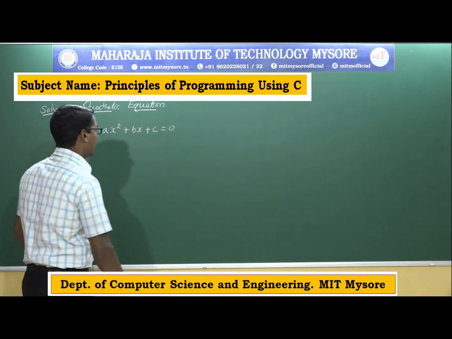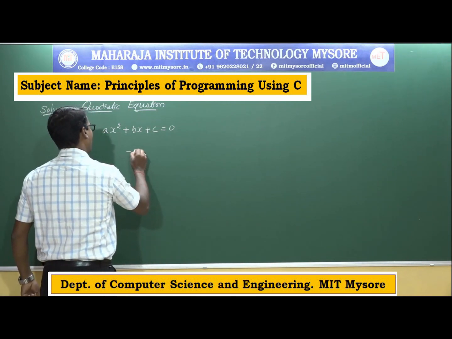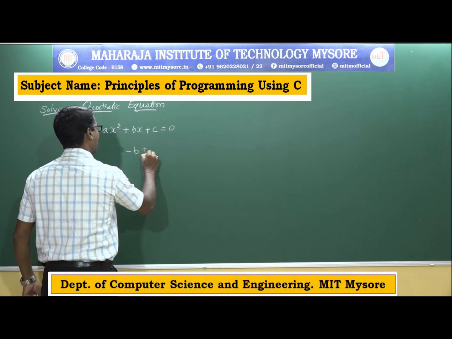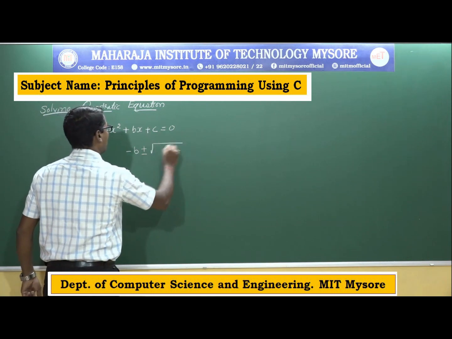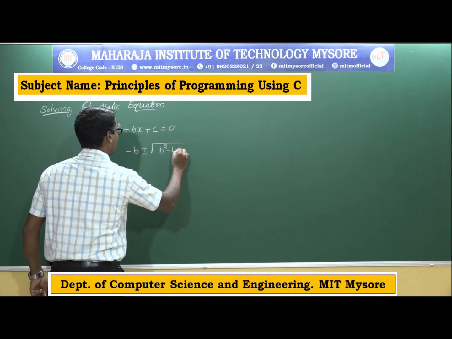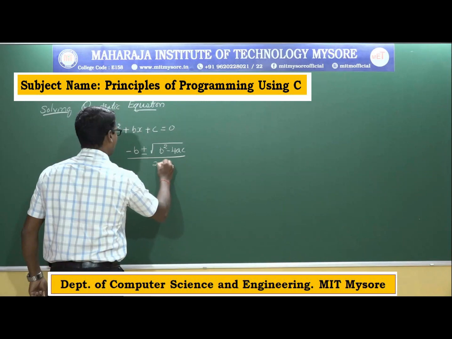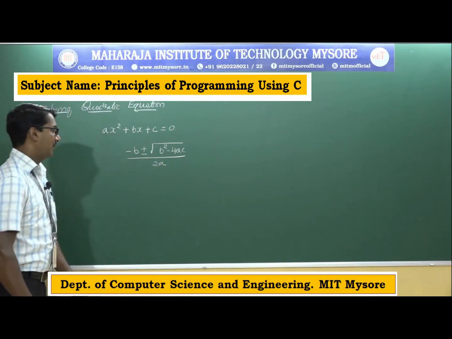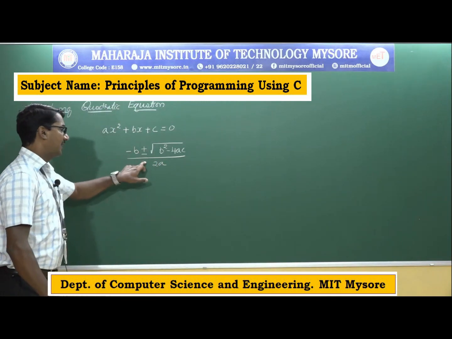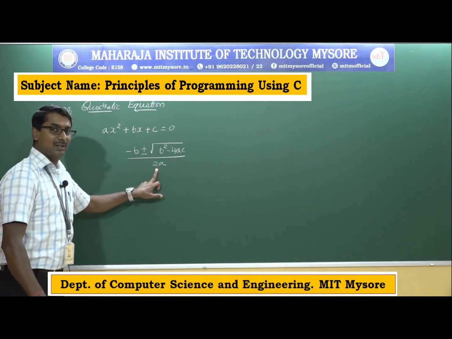This can be solved by using the formula minus b plus or minus square root of b square minus 4ac divided by 2a.